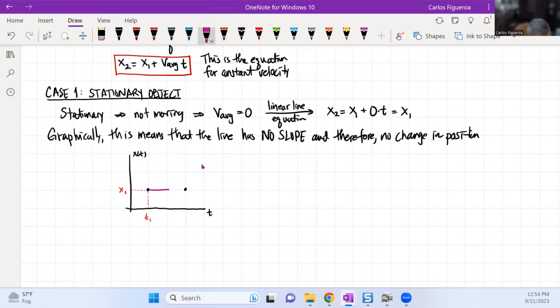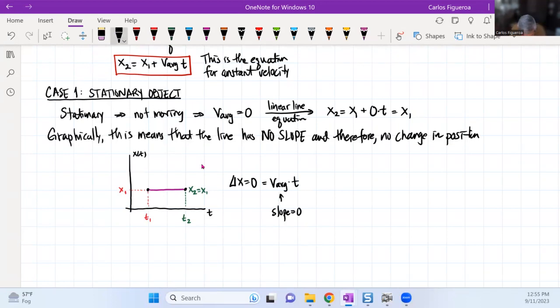It moves from x1 to x2, which is also the same as x1, and this is at t2. So right away, what we're seeing here is that there is no change in delta x because our slope here is equal to 0.